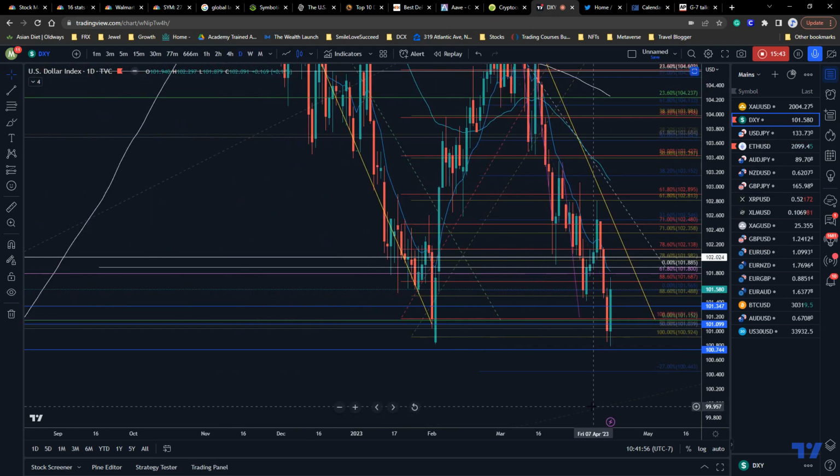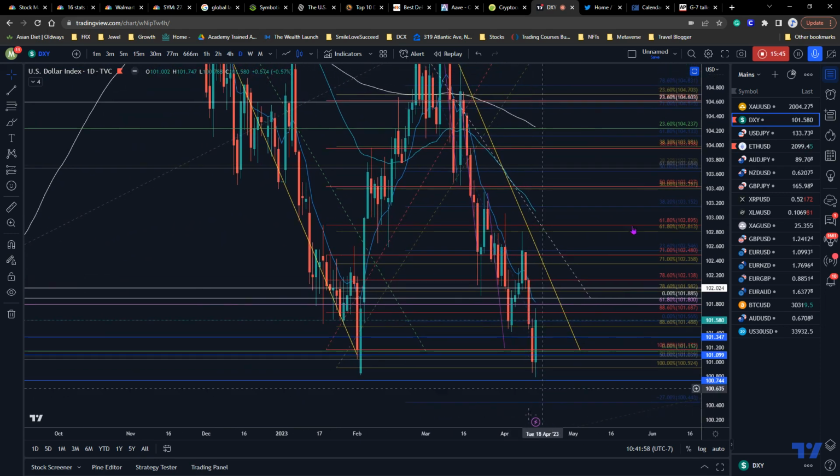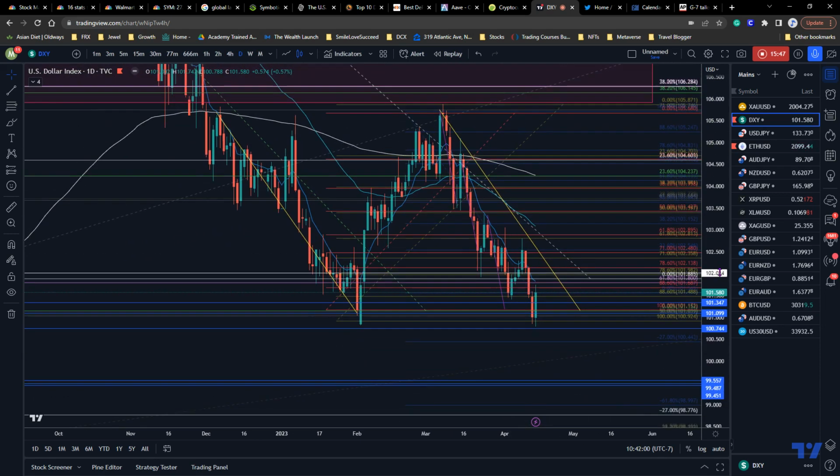All right, so with that said, I like to see that price respected my trend line, give or take. We've got 1, 2, 3 strong bullish candles moving up. I'd like to see how the market opens over the next couple of days and how we can move price back around 102 and see how price responds.